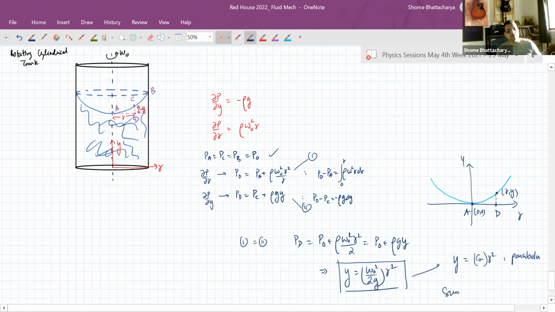So the surface is a paraboloid, which is the surface that you get when you rotate this parabola about the y-axis. When you rotate the whole thing about the y-axis, you get a concave looking surface, concave from above, that kind of surface. That surface is called a paraboloid, and this is the equation of that paraboloid.